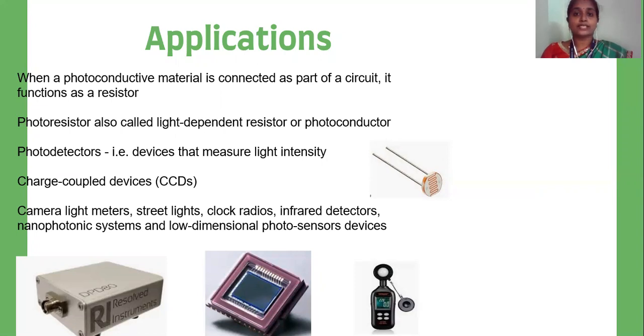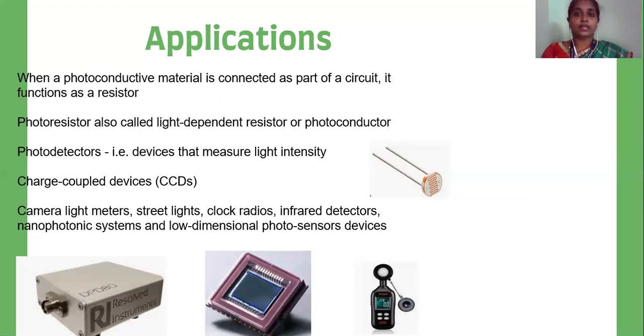The most common example of the photoresistor is a photodetector, that is, a device that measures the light intensity. Photoresistors are not the only type of photodetector. Other types include the charge coupled device (CCD), photodiodes and phototransistors, but they are among the most common.